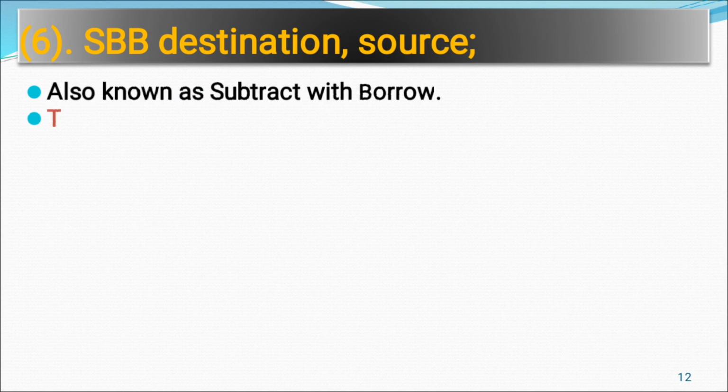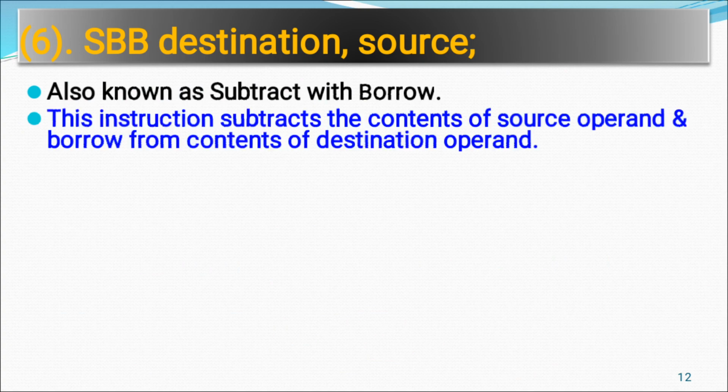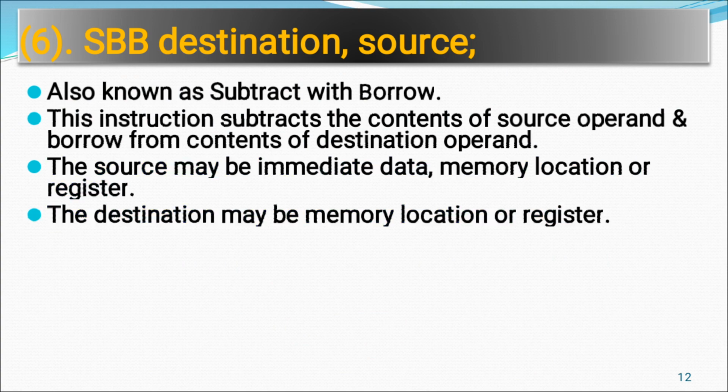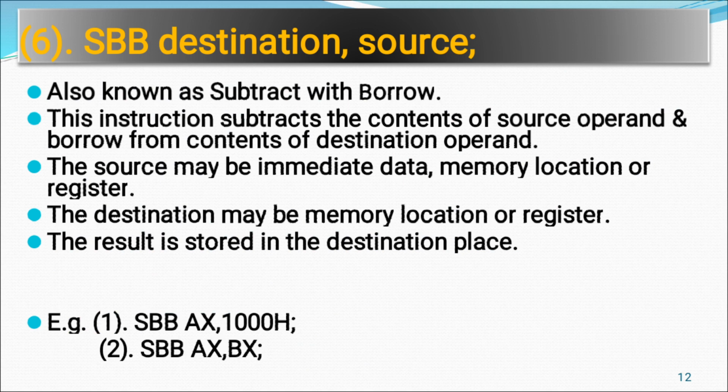Next, SBB. SBB stands for subtract with borrow. Here we are going to subtract the content of the source register and the content of the borrow from the content of the destination register.